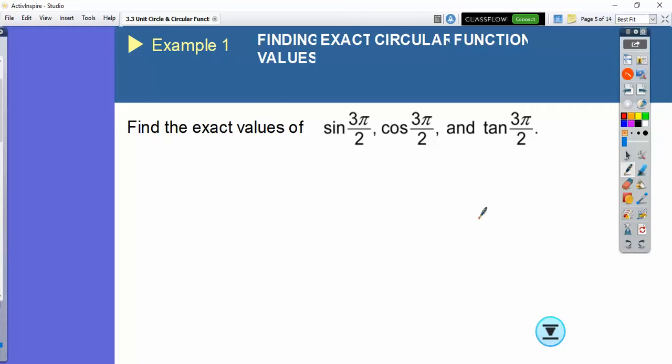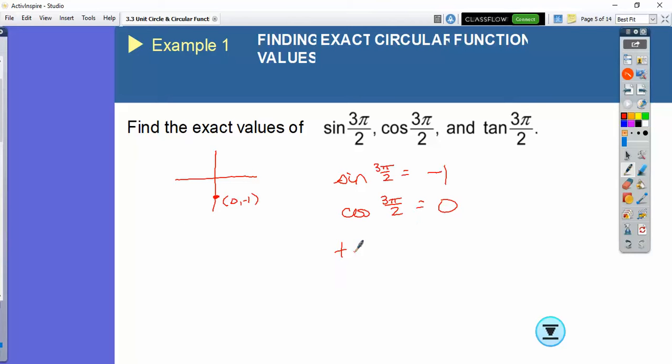So let's say I wanted to find the exact values of all of these things. Let's talk about how we could do it. If you were thinking about your circle, 3 pi over 2 is right here. What is that point on your circle? 0, negative 1. Sine, is that x or y? y. So sine 3 pi over 2 is negative 1. Cosine is the x, so cosine 3 pi over 2 would be 0.